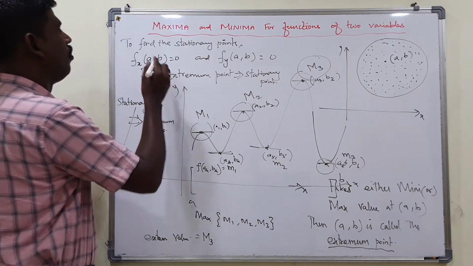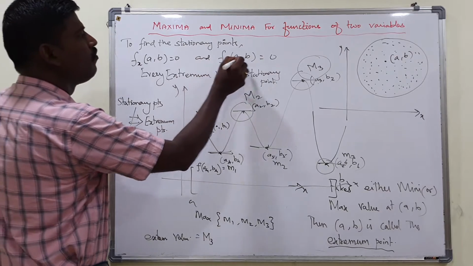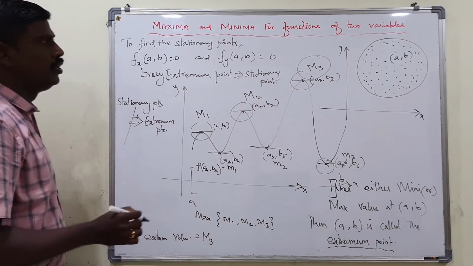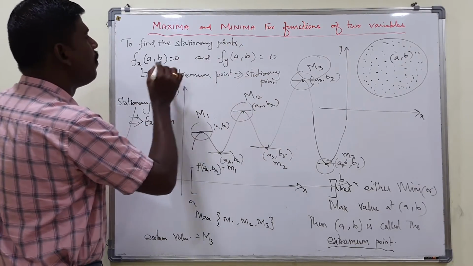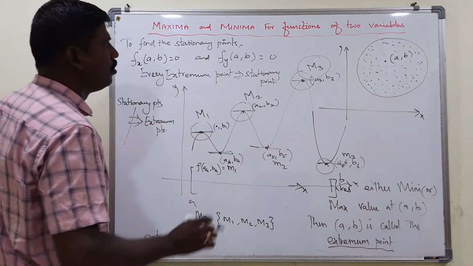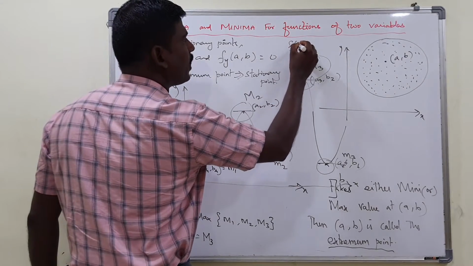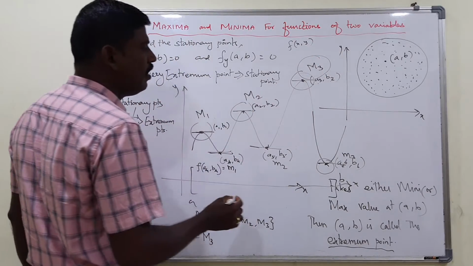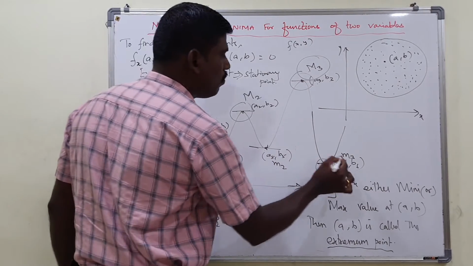Now let us come to the concept. By equating fx = 0 and fy = 0 at (a, b), we can get these stationary points. After finding the stationary points, substitute each and every point into the given function f(x, y), and we get the values m1, m2, m3 and small m1, small m2, small m3.